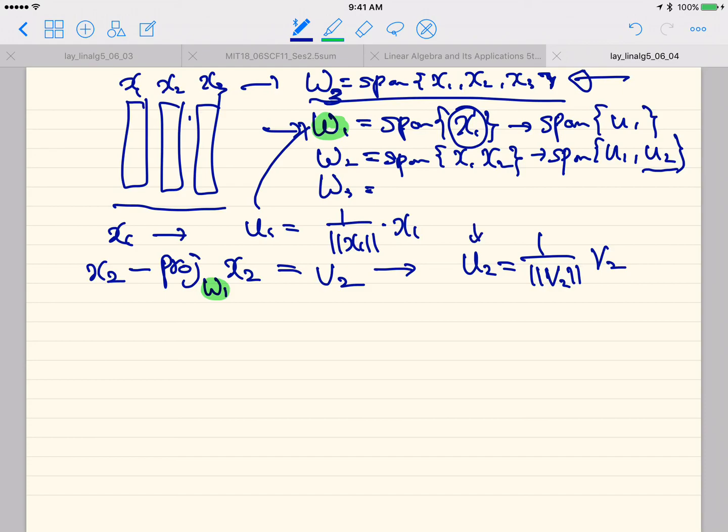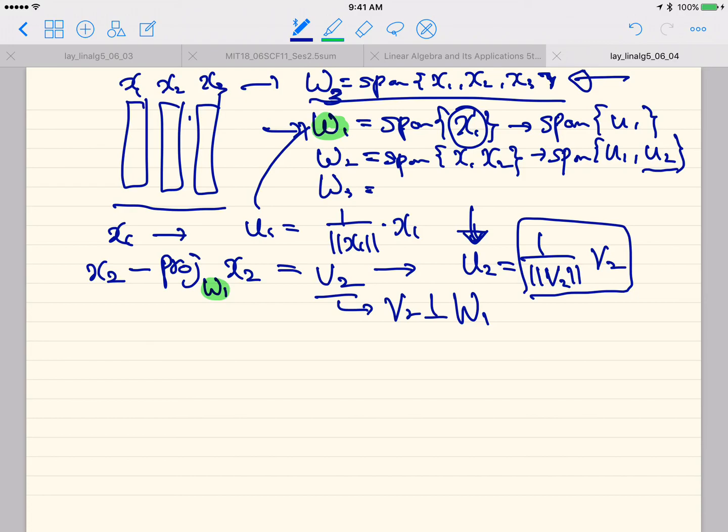So this v2 is orthogonal to W1, because that is the residual part after subtracting the orthogonal projection onto the previous subspace W1, right? Yeah, so far so good, right? And then this u2 is nothing but the normalized version of this remaining or residual part, right?